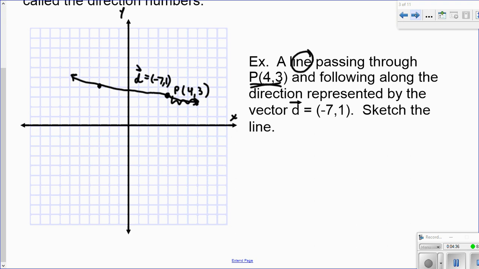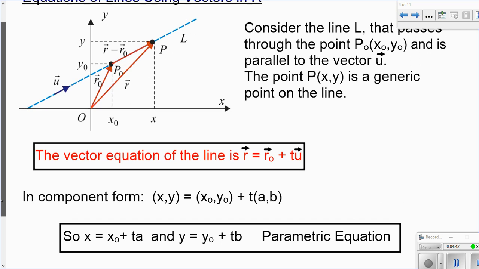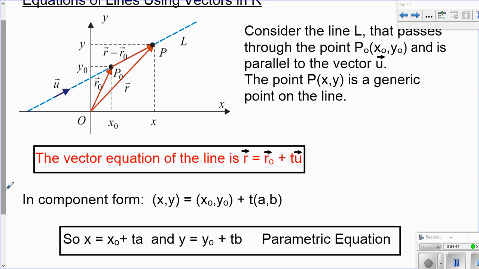I'm just going to zoom ahead and see if I can talk about how we represent this equation. So our vector equation of a line is defined by a point and a direction vector, and then this element t called a parameter. I'm going to write the vector equation here in a second with that original line, but I'm also going to write the parametric equation.